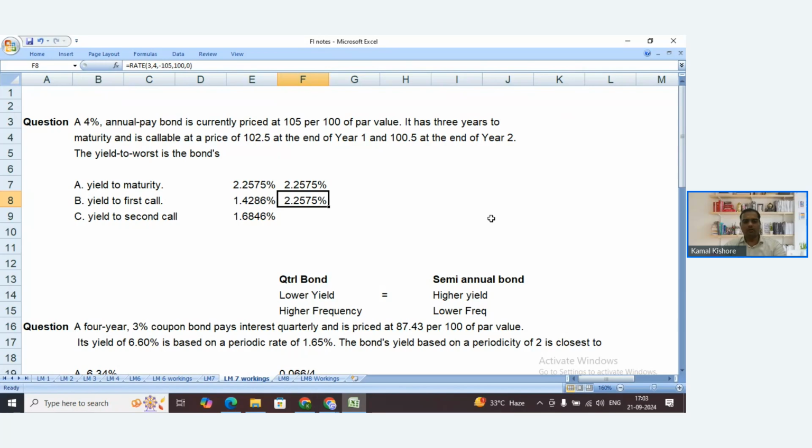Then yield to first call. How do you calculate the yield from here? How many years? PMT is 4. This one is 102.5. Correct?